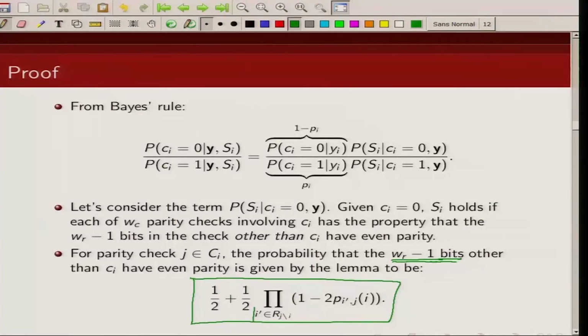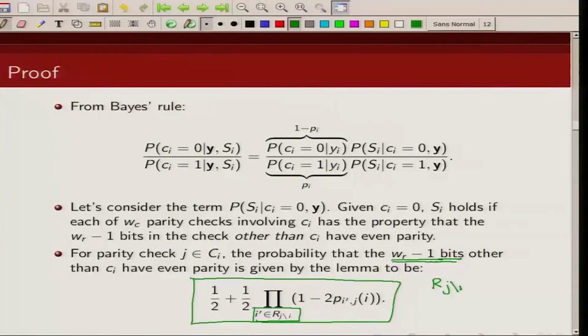Now, pay close attention to this. This is 1 minus 2 pk. Now, what are the bits that we are considering? Now, what will Rj tell us? Rj will tell us the jth parity check equation, and Rj minus i, where i is the Ci bit involved, and this is minus i.